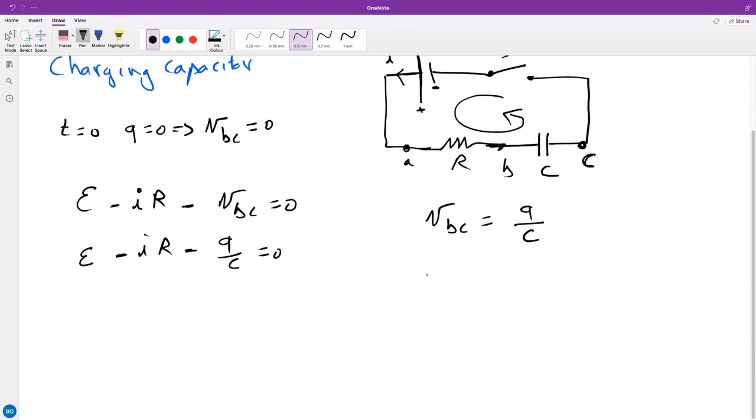We also know that the current is just the rate of charge.